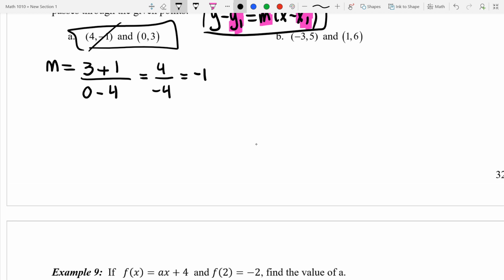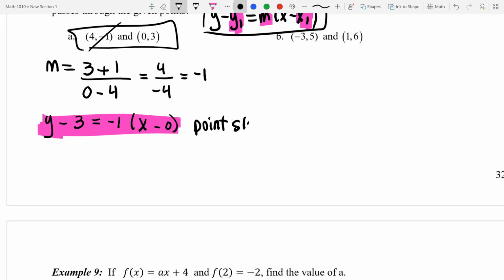Let's use that formula now. y minus the y value, that's 3, is equal to the slope, which I just found to be negative 1, times x minus the x value, which is 0. That's an answer. What form is that? Don't look and make yourself remember. Point slope. Write that down for me, okay?